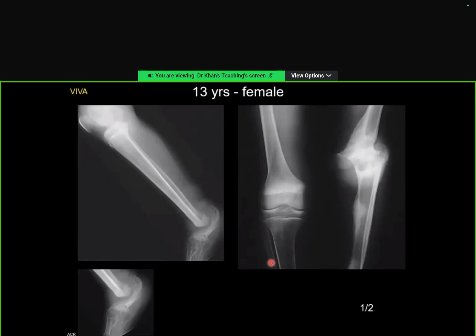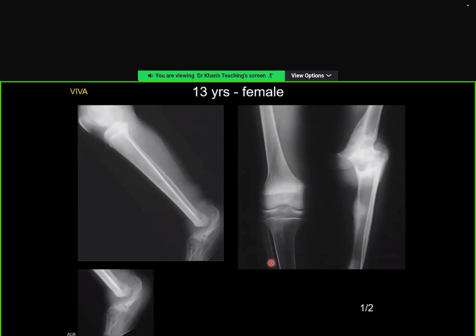There's also destruction of the talotibial joint. The right joint appears to be preserved with no abnormality on the right-hand side. So in summary, this looks like the patient has Charcot joint in the left knee and left ankle, and there's also increased sclerosis in the left tibia on the medial aspect with some irregularity.